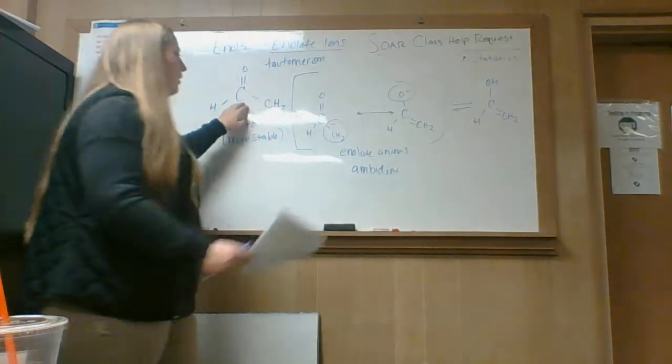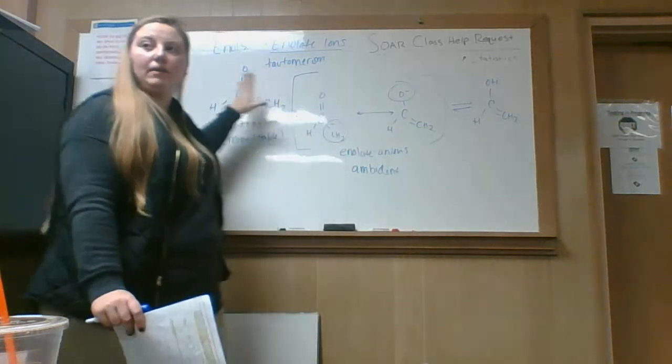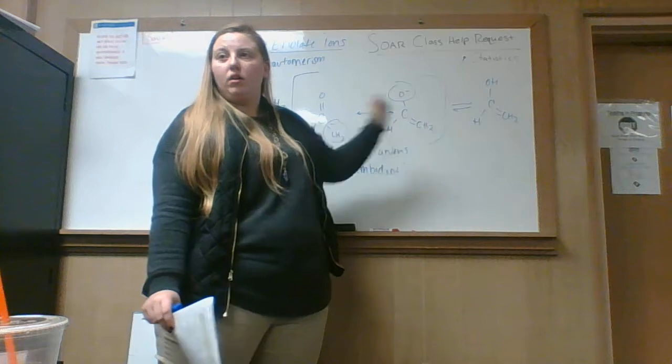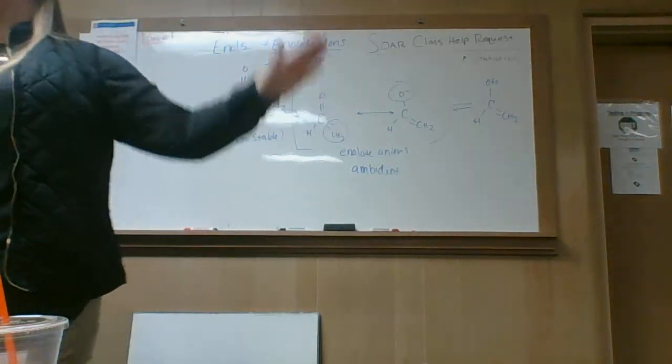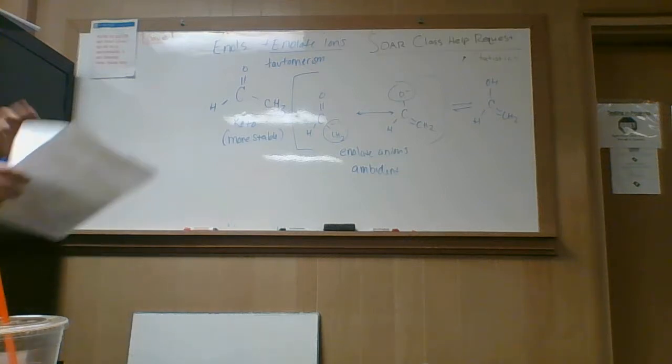I don't believe you can go directly from this to this specific ion. I think you have to follow the path. So the keto turns into the first enolate ion, which turns into the second one, which can then form the enol form. Exactly. Okay.